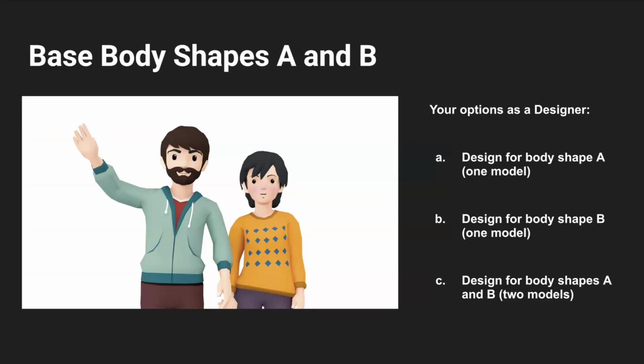They're generally referred to as body shape A and body shape B. And they are very similar, but there are some key differences, especially in the height of the connection points around the hips. So you'll find on one of the avatars, it is quite a lot higher than it is on the other avatar.